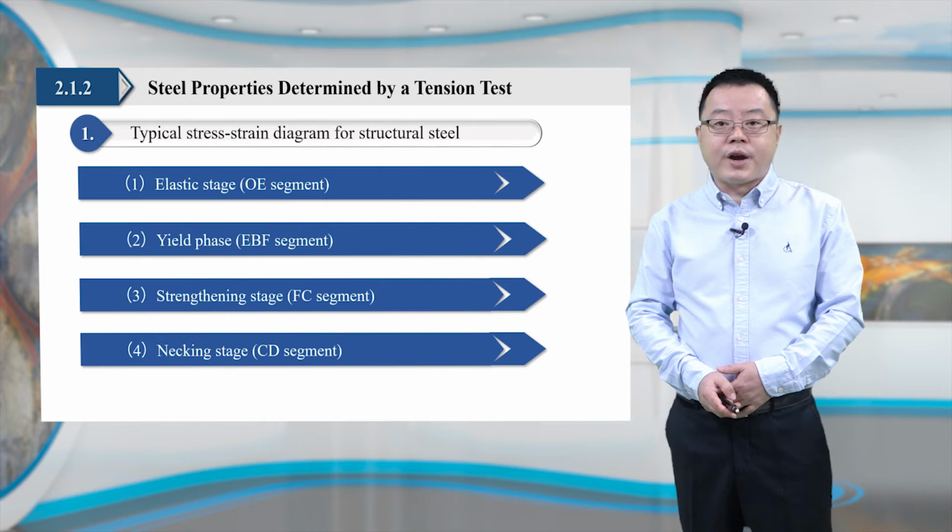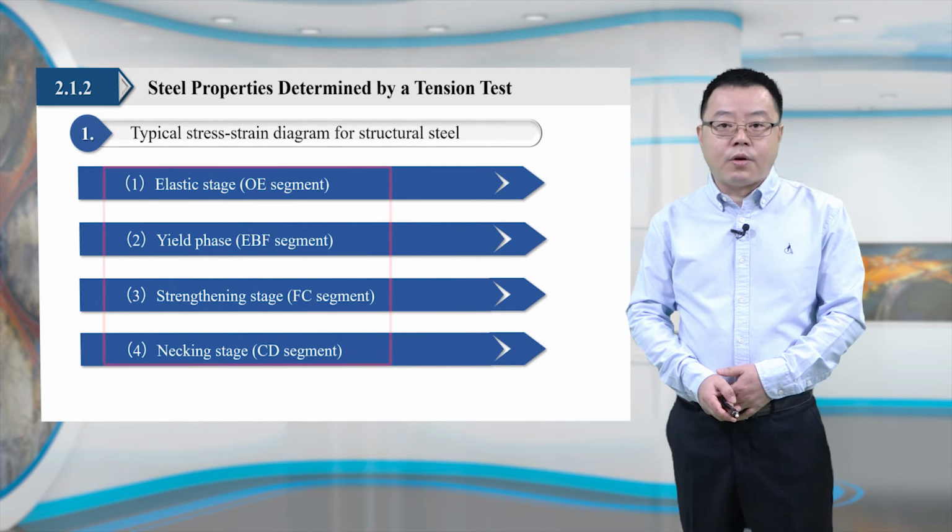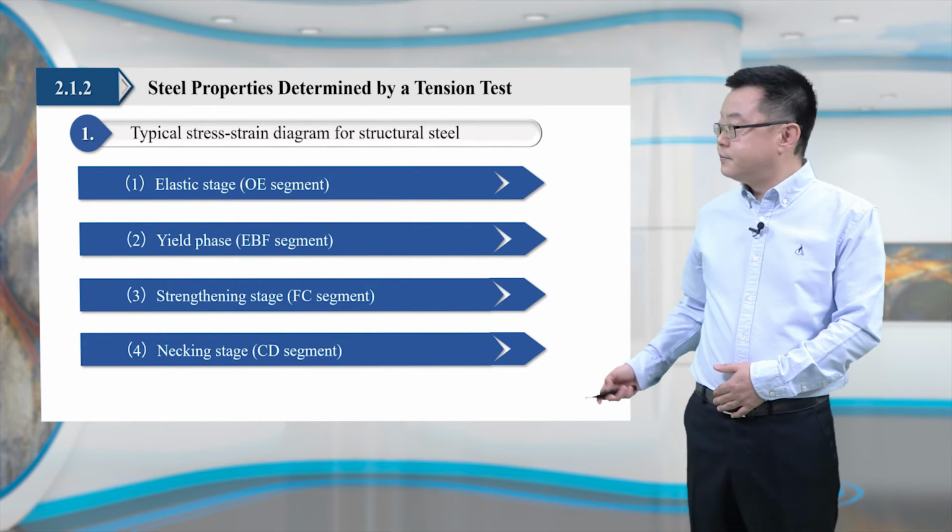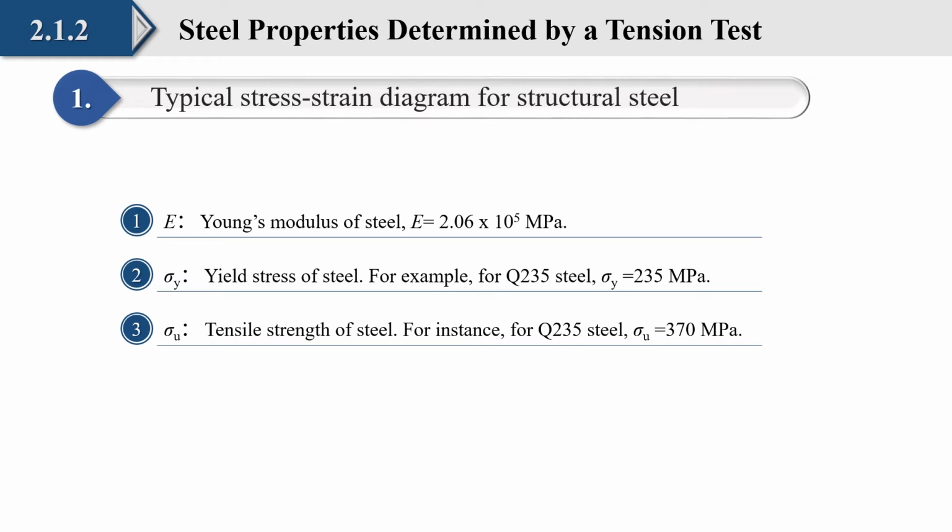The typical stress strain diagram reflects that steel will go through 4 stages from the beginning of the test to the breaking. From Figure 2.1, we can also get several critical material parameters. One is Young's modulus. The second is yield stress, and the third is tensile strength.